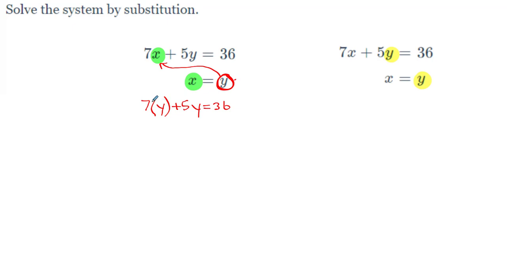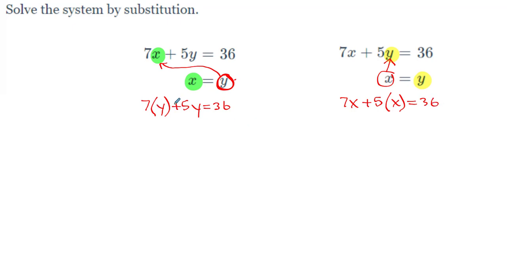And we know that this is correct because all we have are y terms. Or over here, since y is isolated, I'm going to take this x value and substitute it over here for y. And then if I wrote that, it would be 7x plus 5, again, get rid of y, and we're going to put x there instead, is equal to 36.